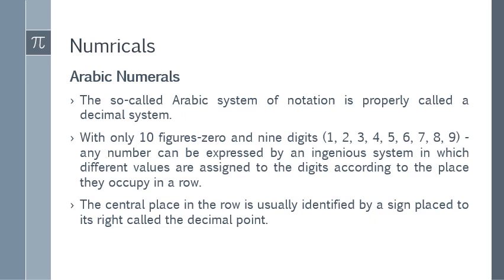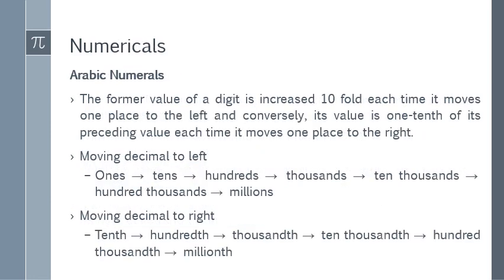The center place in the row is usually identified by a sign placed to its right, called the decimal point. Now, the decimal point will further identify the value of a number. In Arabic numericals, the value of a digit is increased tenfold each time the decimal moves one place to the left, and conversely its value is one-tenth of its preceding value each time the decimal moves one place to the right.